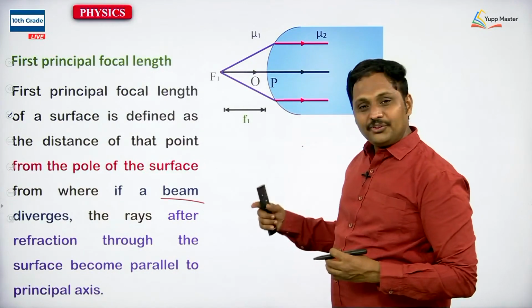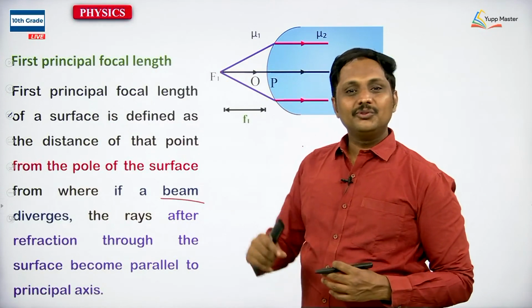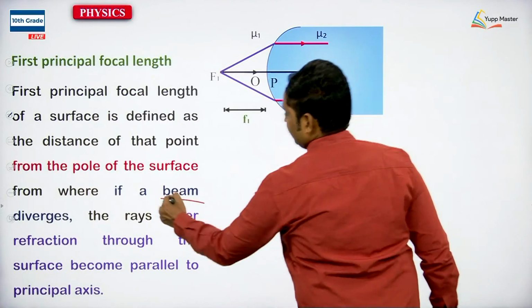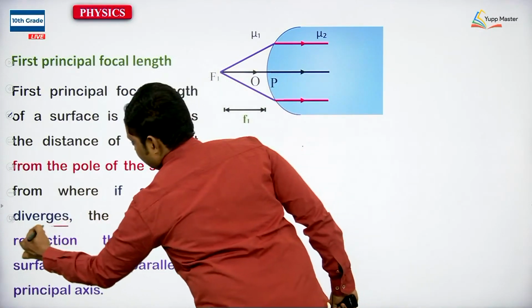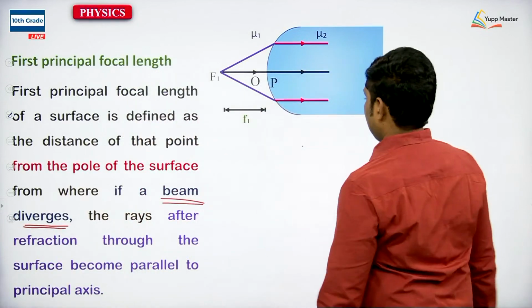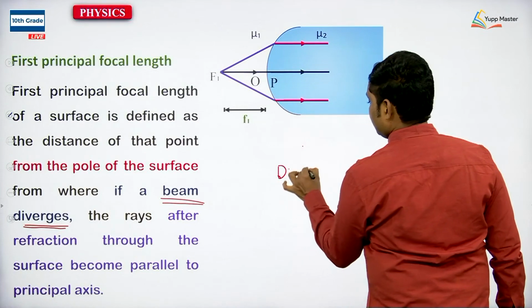While you are answering objective type questions in entrance examinations, you need to get the correct answer. That is what I am going to discuss: divergence and convergence.